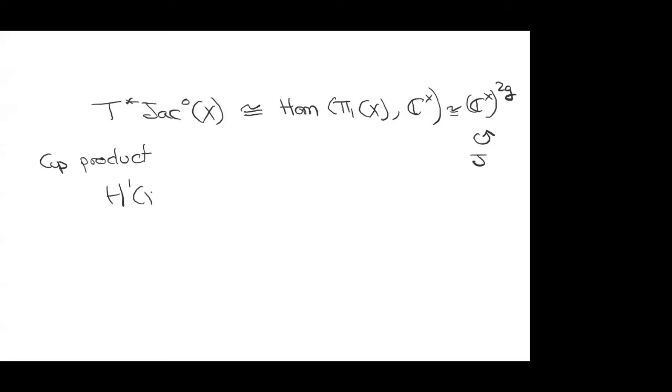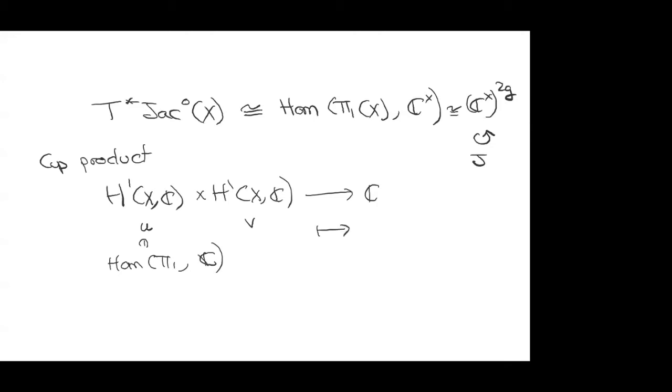So on H^1(C) times H^1(C), one takes U and V, which are morphisms from pi_1 to C, and they are mapped to the following.